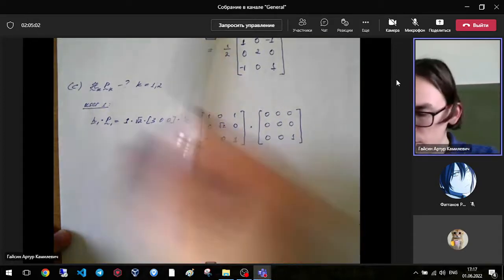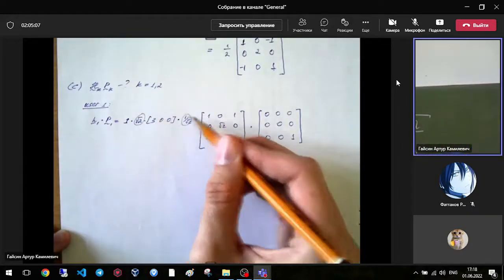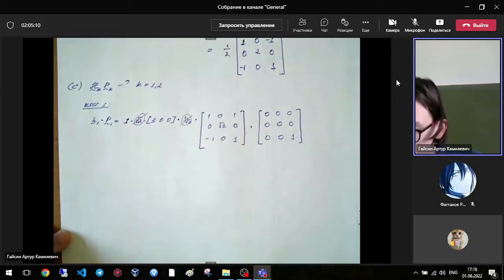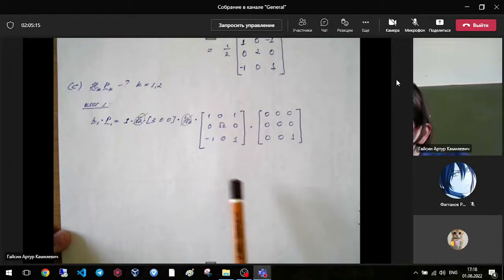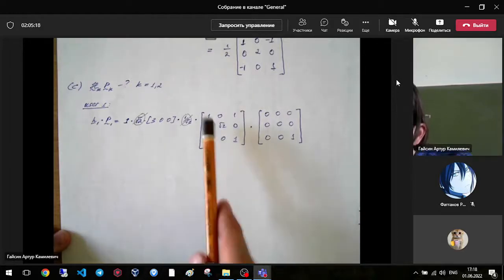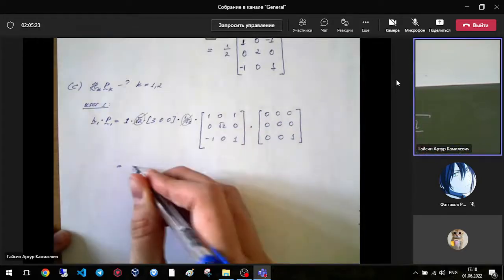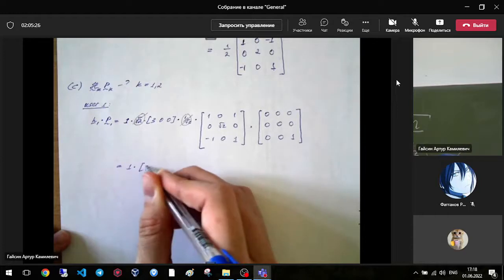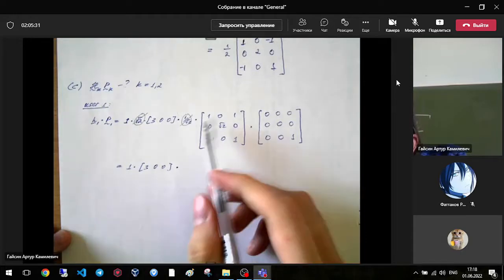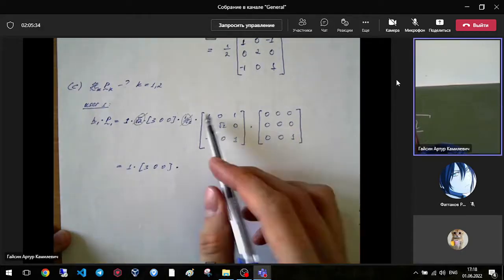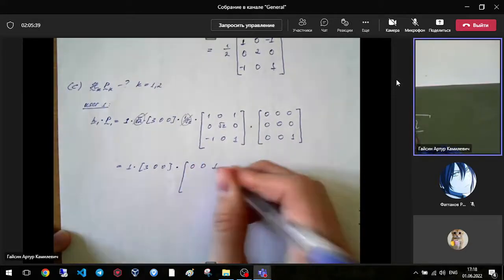So we can see these scale factors here is eliminated or give us 1. And what we see by this multiplication, so we will have 1, 3, 0, 0, and here 0, 0, 1. So 0, 0, 1.